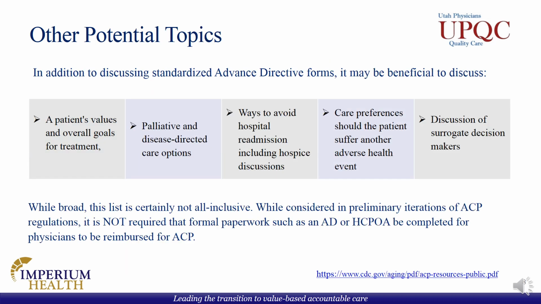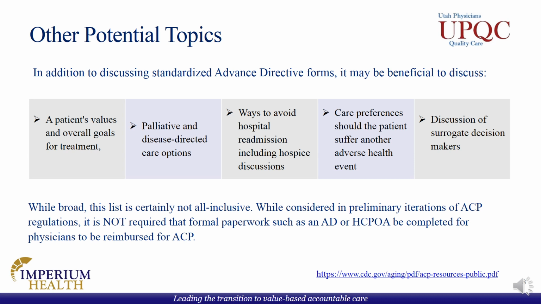Now, with advanced care planning, because it is a timed code, we have to make sure that not only are we discussing the advanced directive, but we are meeting the minimum time requirements. So a couple other topics that are always recommended to discuss are patient's values, overall goals for treatment, palliative care, and disease-directed options. So that's if something goes worse, what are care alternatives?